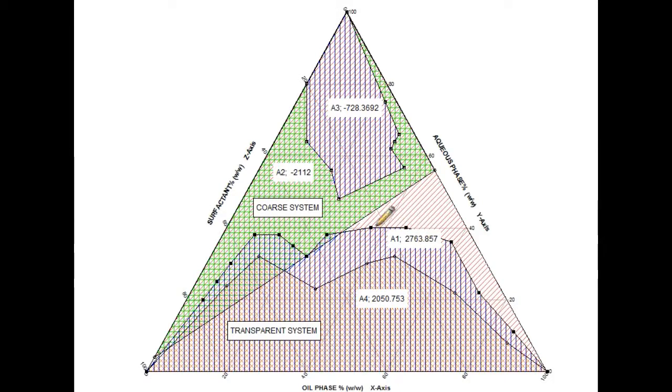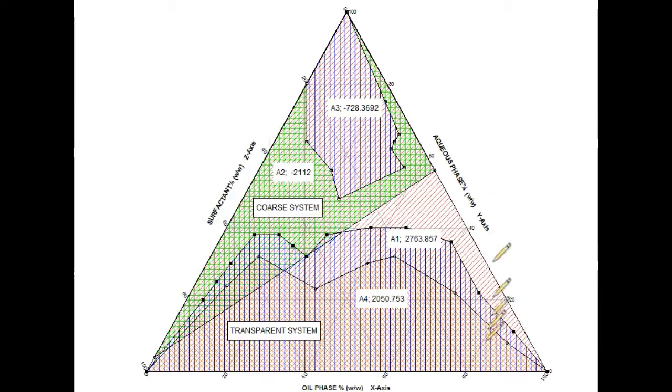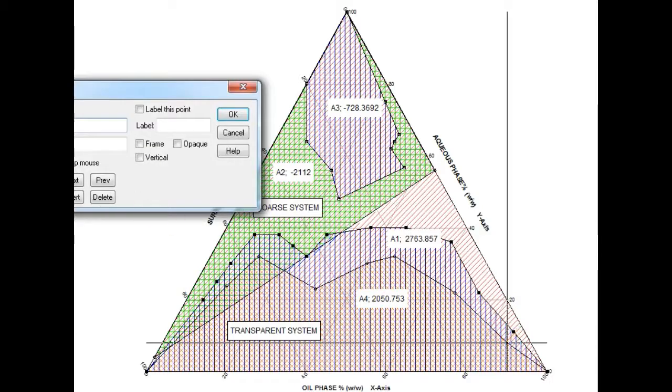So as I've taken at this particular point, it is represented as 36% of x, 40% of y, and so on. If we move to another point, say for example here, it shows that x is 68%, y is 8%, while the third component is obtained by subtracting the sum of these two from the total.